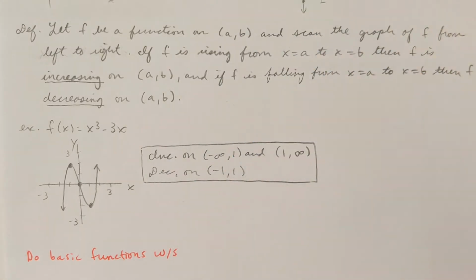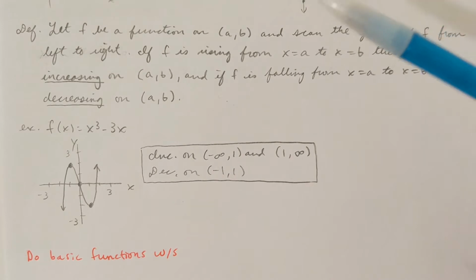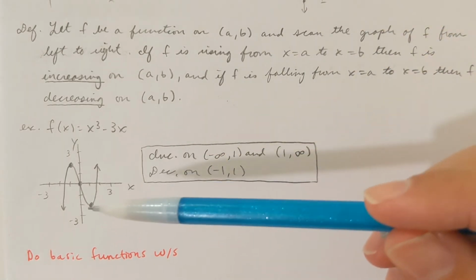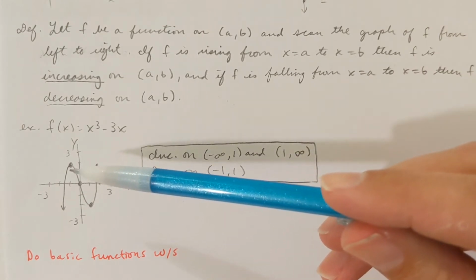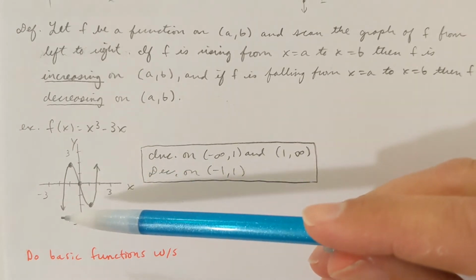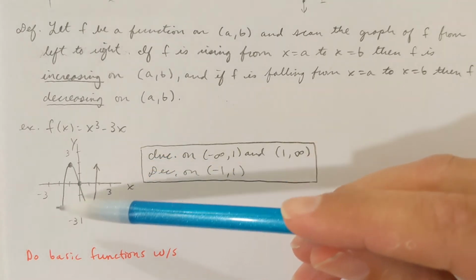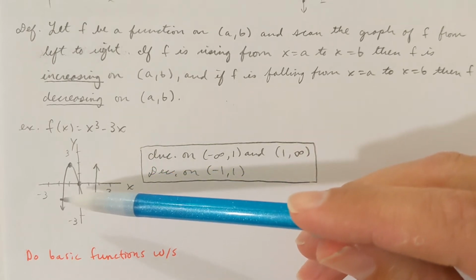Now, I've drawn this curve, f of x equals x cubed minus 3x, and anything less than negative 1 means that the slope is increasing. And if I draw a tangent line anywhere, the slope of the line is some positive number.